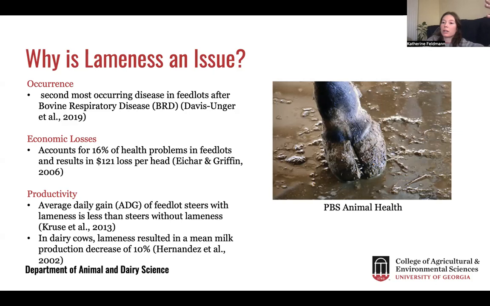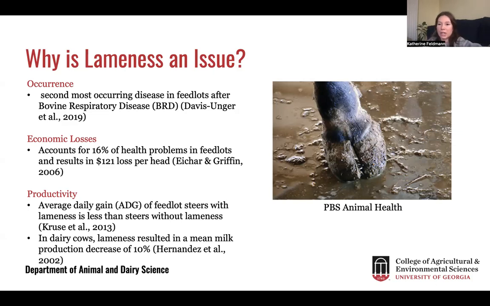And then when you're talking about economic losses, it accounts for 16% of health problems in feedlots, and this ultimately results in a $121 loss per head, which when you factor in the number of cattle that move through feedlots in the United States annually, this is going to result in millions of dollars of loss. So that's a pretty big issue from that perspective.